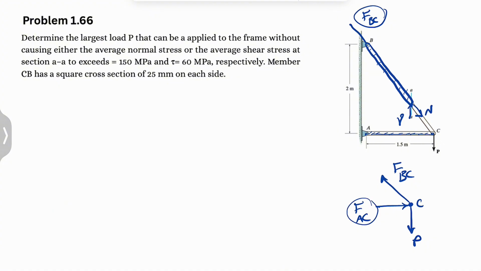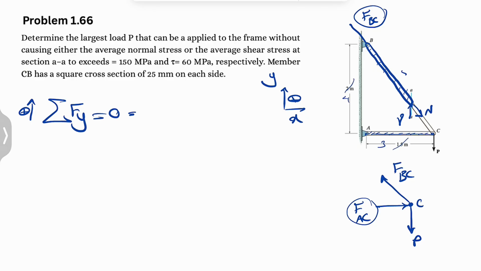So FBC, we have our equilibrium equations that we can use to solve this. Let's start with, because we're not interested in FAC, so if we just consider our x and y in this direction, we're going to start with sum of all forces in y equals 0, again because of the equilibrium, and this is our positive y. We have y component of FBC, which if you multiply each of these sides by 2, this will be 4, this will be 3, and the hypotenuse will be 5.